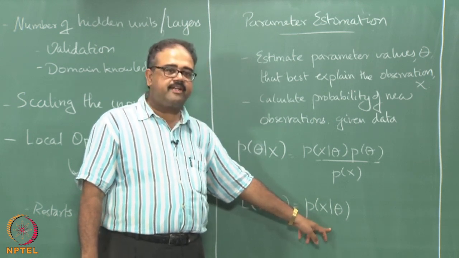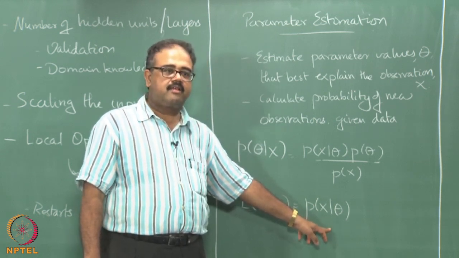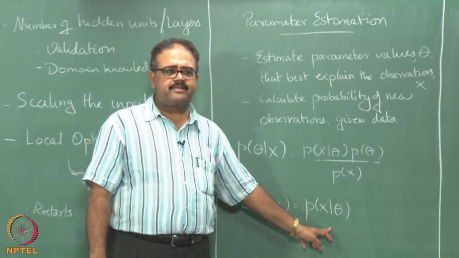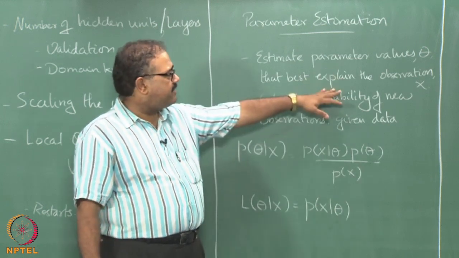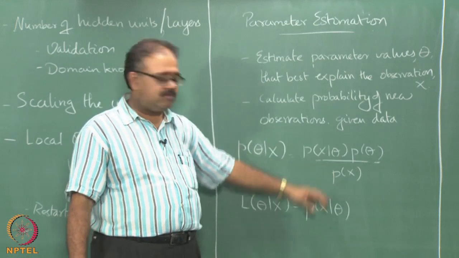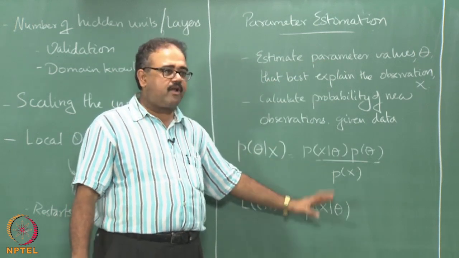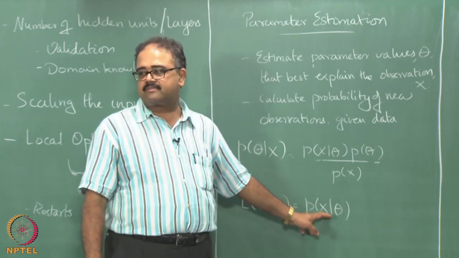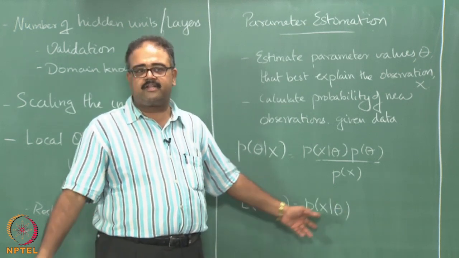Why is it a function of theta not of x? Because x is fixed. In our context x is fixed. I have been given the observation x, and I am interested in finding the parameter values theta. So, the way I am going to set this up, for a given x, for different thetas, what is the probability of that x? Let us say I can consider 5 different thetas.